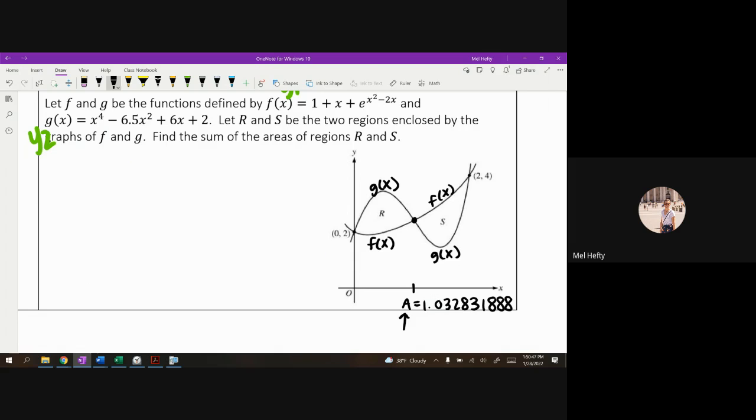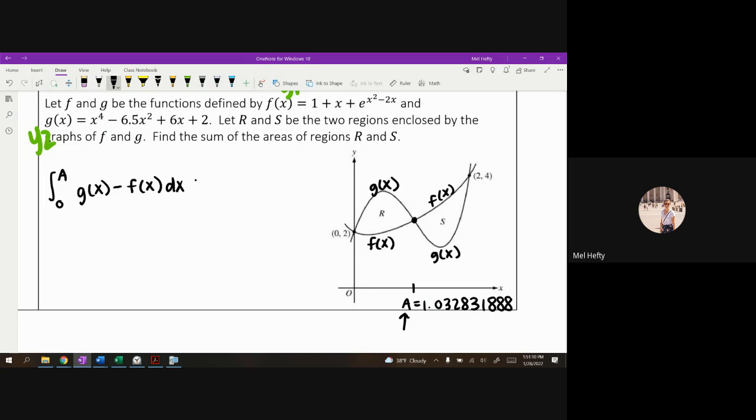So I'm going to show you two ways to set up this integral. The first one is going to work all the time, even if I had to integrate this by hand. The second one will only work if I have a calculator. So first way, I'm going to start by integrating from 0 to my shortcut guy A, g of X minus f of X, top minus bottom.